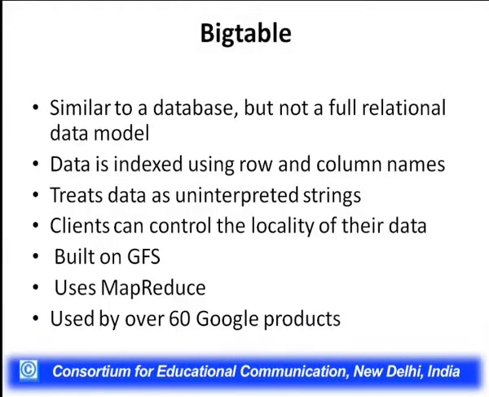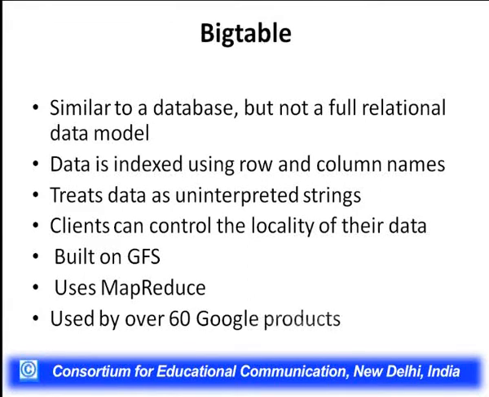As per the last lecture, we had studied about BigTable. BigTable is similar to a database, but it is not a relational data model. In fact, it is a kind of map, and the data in BigTable is indexed using row and column names. Each of the data is treated as an uninterpreted string.